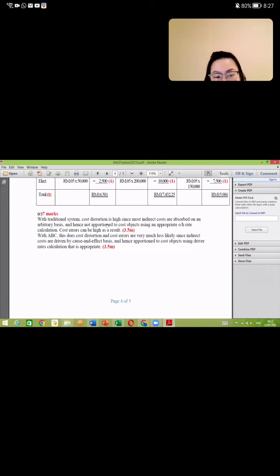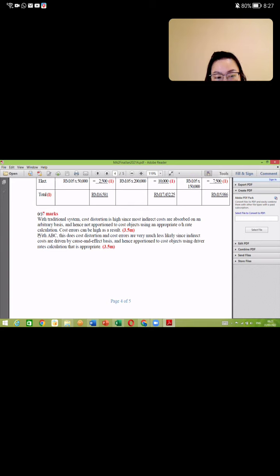It is not appropriate to cost the cost object using an appropriate overhead rate calculation, so the cost error can be high as a result. For example, product X and product Z are over cost and product Y is under cost.